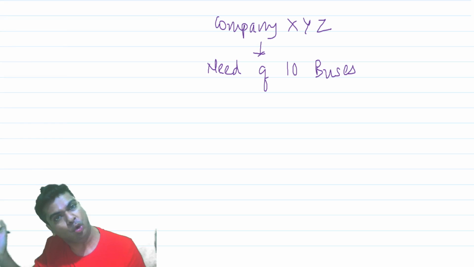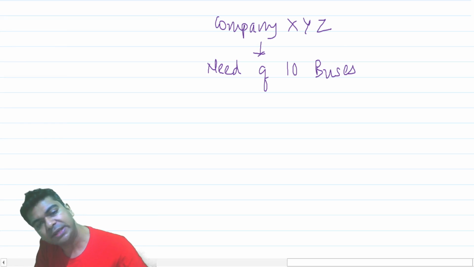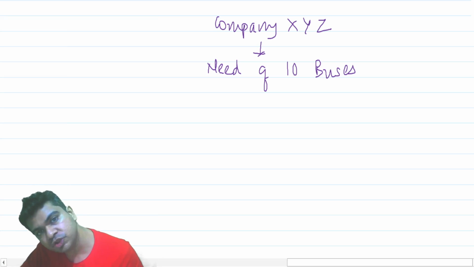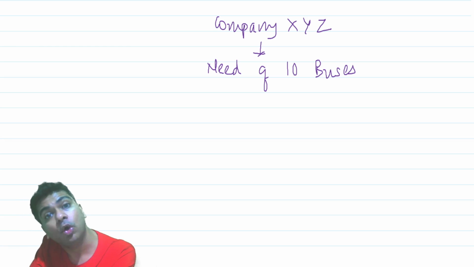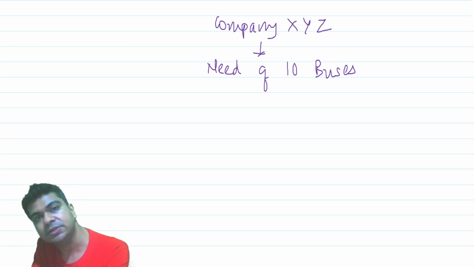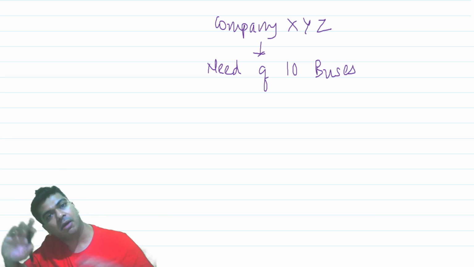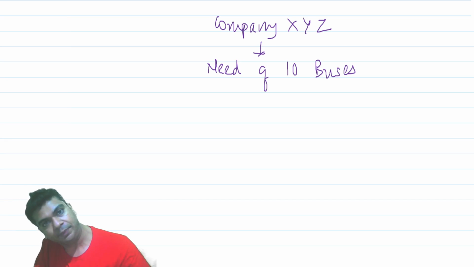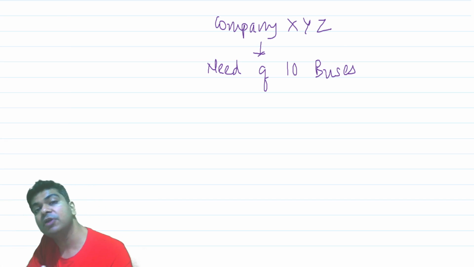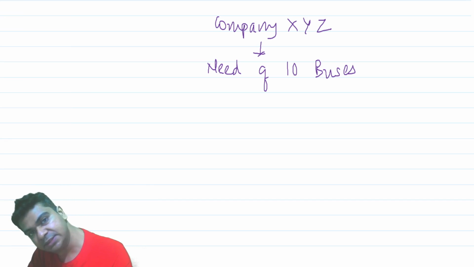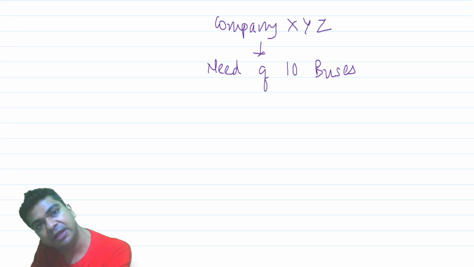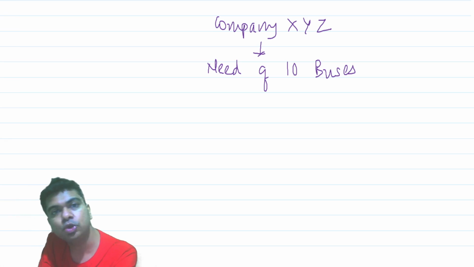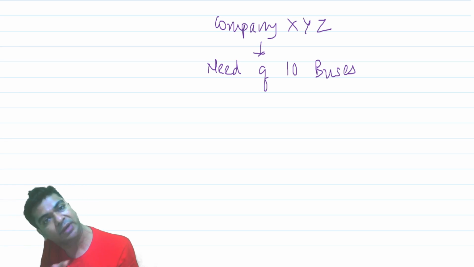Because there are a large number of employees, it needs 10 buses. These buses will ply on different routes and provide commutation services to its employees. Employees living in different areas of the city will board these buses and reach the company. When the working hour ends, the same buses will again ply and see to it that the employees reach their respective destinations.